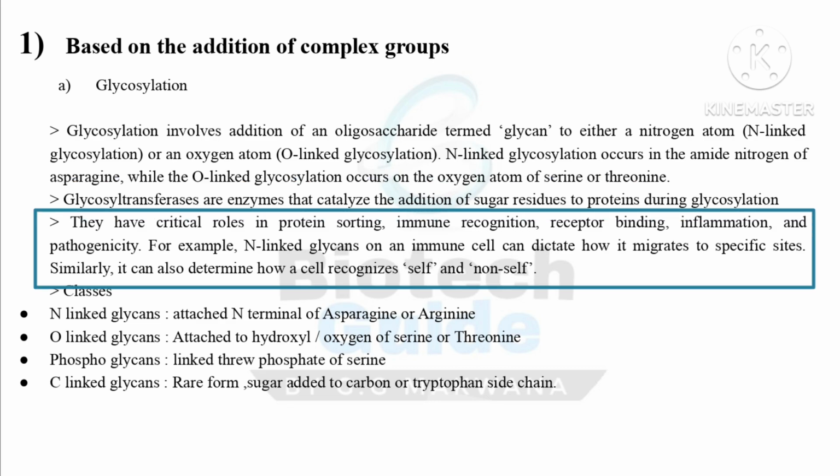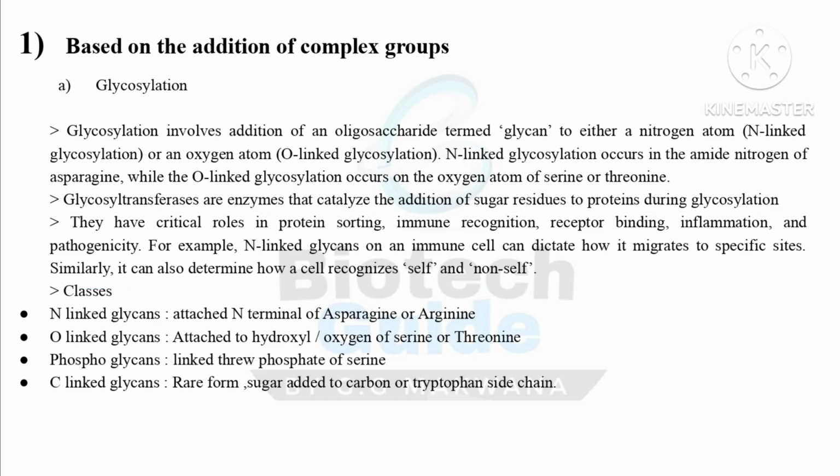Protein sorting, immune recognition, receptor binding, inflammation, and pathogenicity are the applications of glycosylation. Here is one example: an N-linked glycan on an immune cell can determine how it migrates to specific sites. Similarly, it can also determine how a cell recognizes self and non-self. So this is one key example of the glycosylation process.